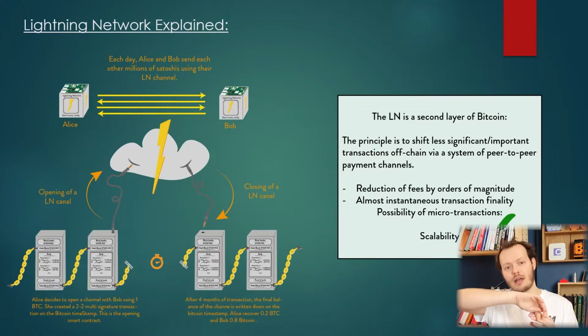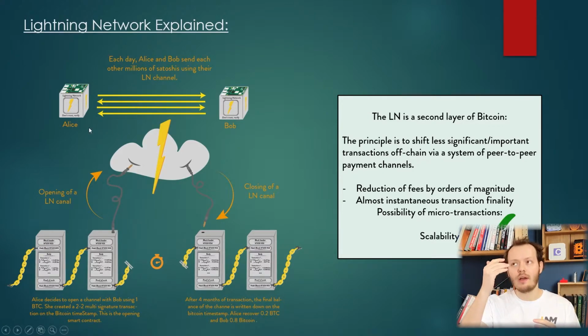And as long as those Bitcoin are locked up top, like you can see here, they can be used instantly within this new ecosystem, which is the Lightning Network, until you don't want to use the Lightning Network anymore, and you're gonna bring back those Bitcoin inside the Bitcoin blockchain.